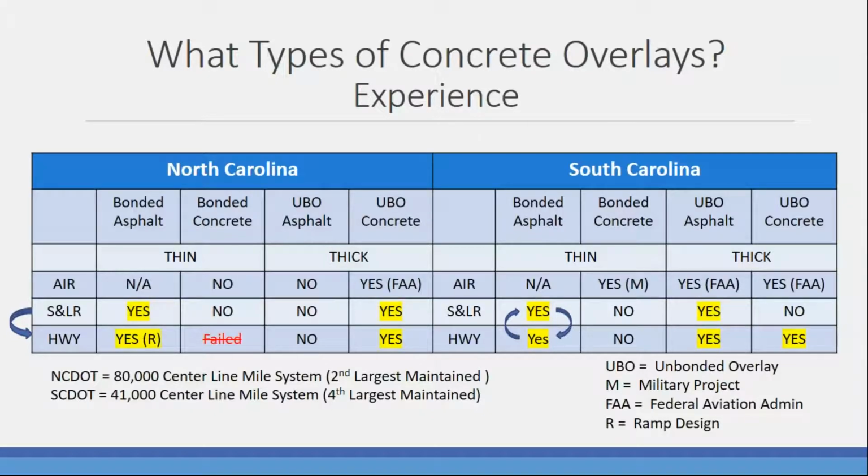So we have a very large maintained system that both of our DOTs are responsible for. In some cases, I had a hard time deciding: do I count that as a highway job, or a street and local road job? Either way, it still works out. That's the purpose of me drawing those arrows, that we have a lot of overlap that maybe doesn't occur in some of our other states beyond the Carolinas. But you can see here, a lot of our boxes are checked. We do have a lot of overlay experience in the various categories.